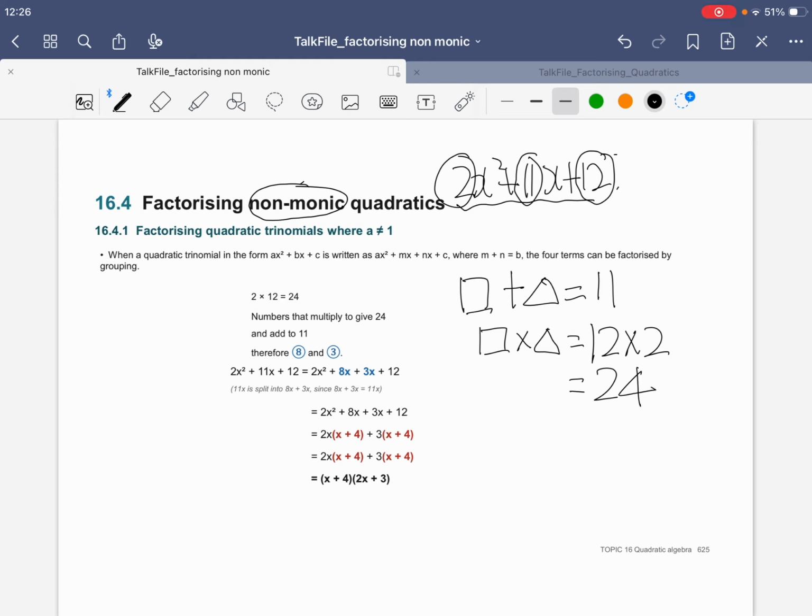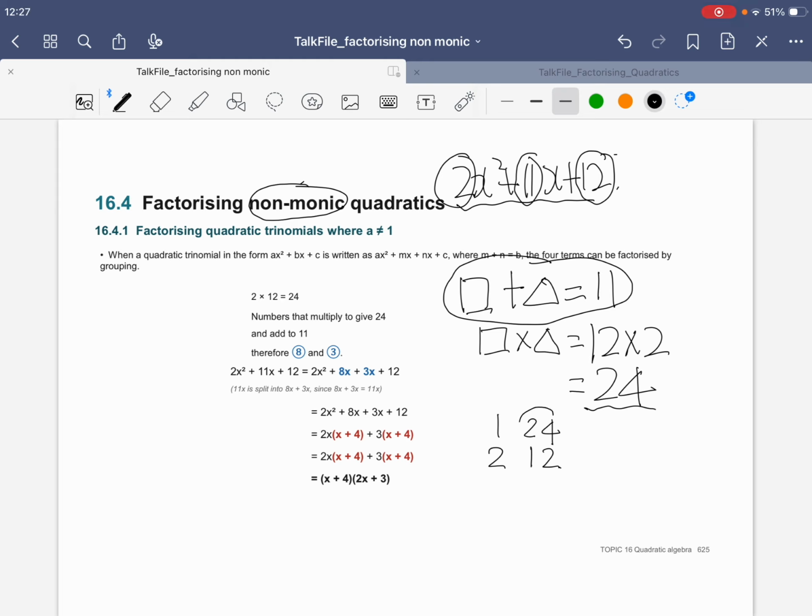So now what you do is think about factors of 24. What are pairs of numbers that could make 24? Maybe 1 and 24, and then the next one is 2 and 12. At the same time, you have to consider that the pair of numbers we are looking for should add up to 11.